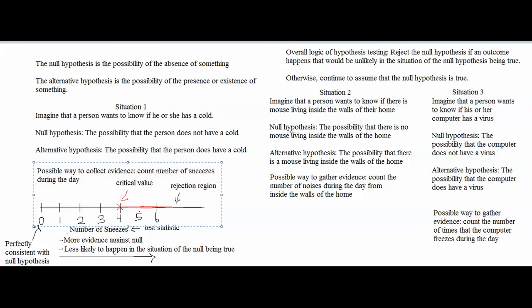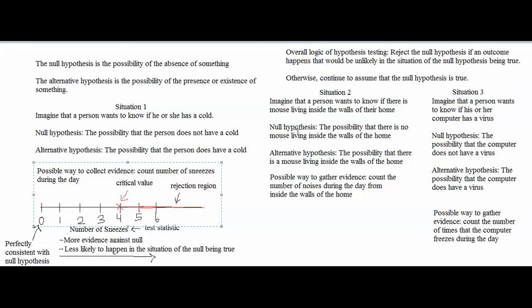One wrong conclusion is rejecting the null hypothesis when it shouldn't be rejected. Meaning rejecting the null hypothesis and deciding that the null hypothesis is wrong when the null hypothesis really is true. That mistake is called a type 1 error.